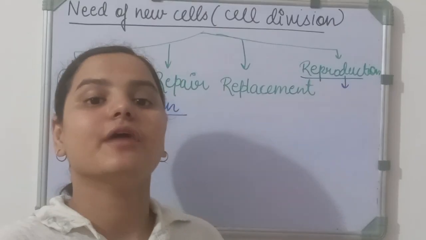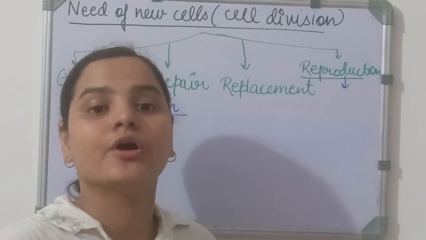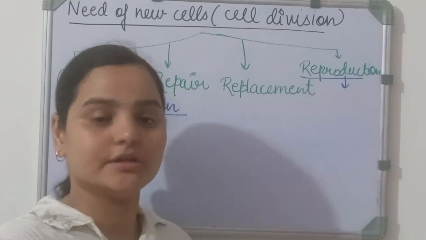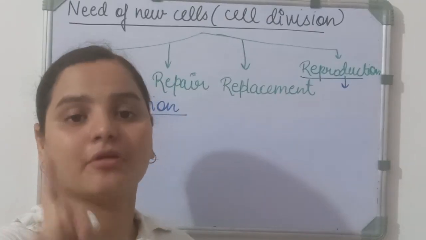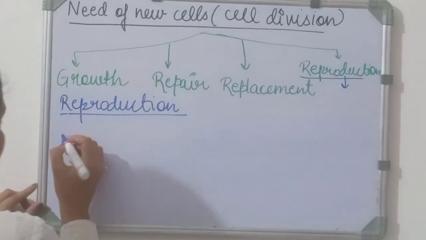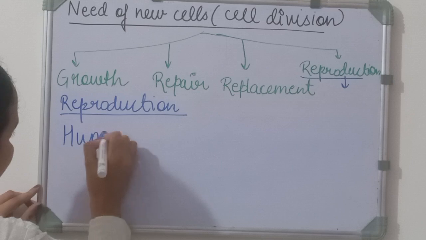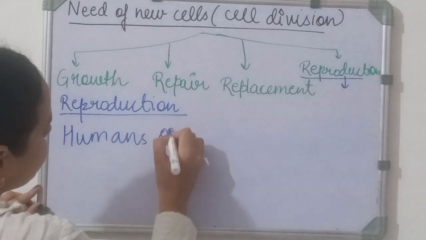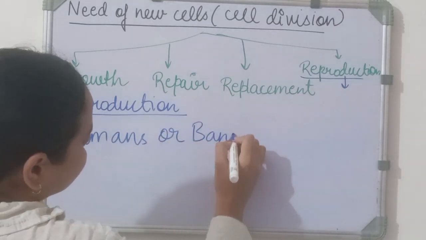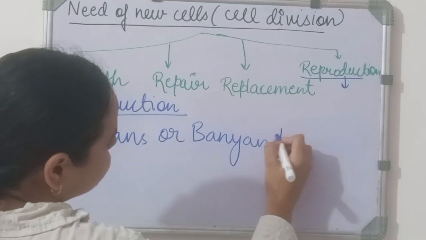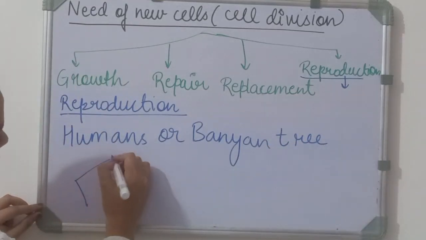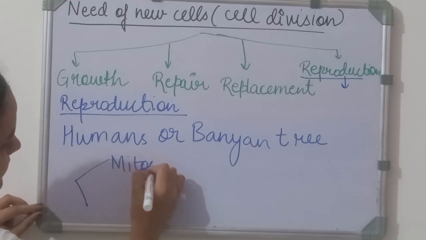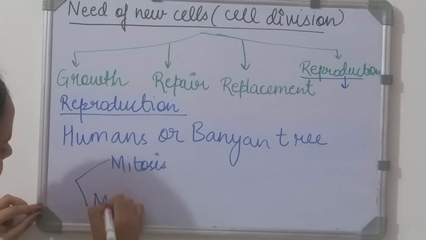In higher organisms like humans or the banyan tree, reproduction occurs by two means, mitosis and meiosis.